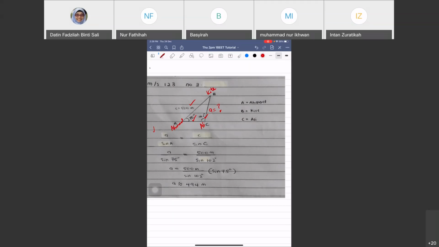So you establish A over sine A equals C over sine C, with all the labeling from this diagram. So it's A over sine 75 degrees equals 500 over sine 102.